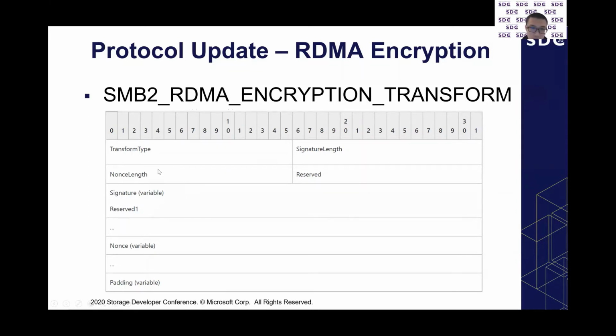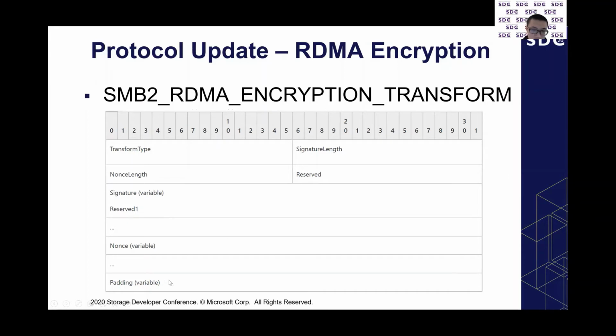We support a variable signature and nonce length in this design as opposed to a fixed 16-byte signature and nonce length as in the SMB transform header. Therefore, in addition to specifying the length here, we need to put the actual signature and the actual nonce after these 8 bytes.